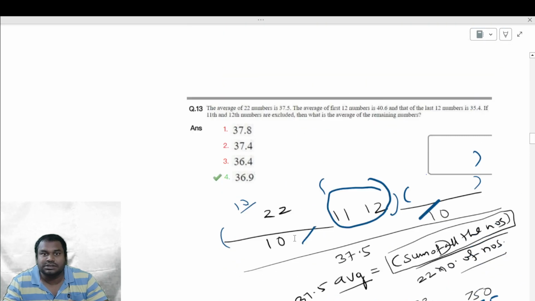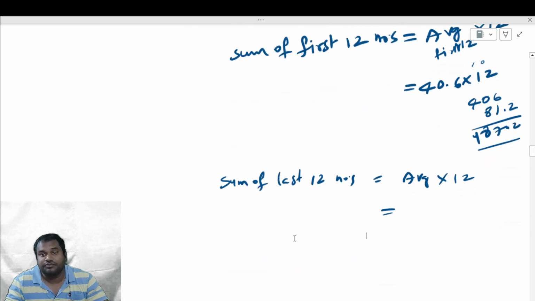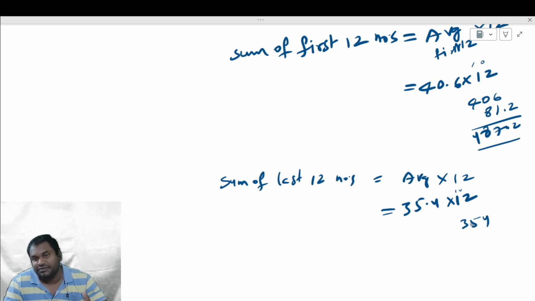That is 35.4 into 12. So same way, assume it as 10, then 354. 35.4 into 2 is 70.8. So now adding, we get 424.8.